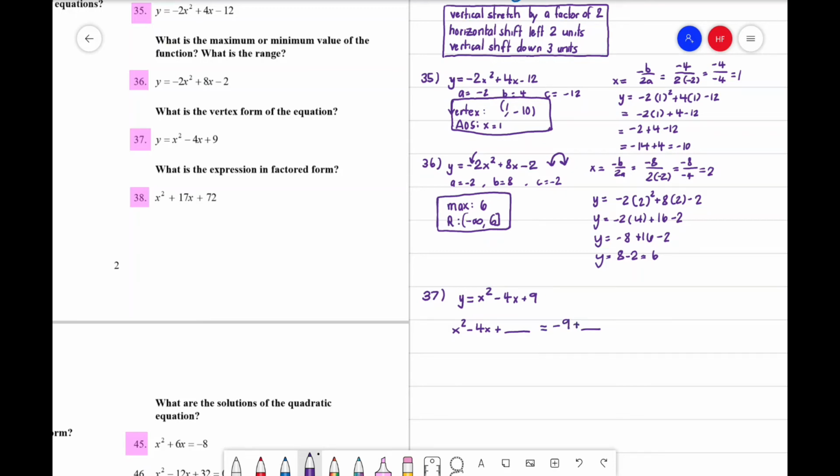So I move the 9 to the other side, and then we're going to complete the square on the left. (x minus 2) squared, so 2 squared is 4, goes in both blanks, equals negative 9 plus 4 is negative 5. Add that 5 back over. So y equals (x minus 2) squared plus 5.